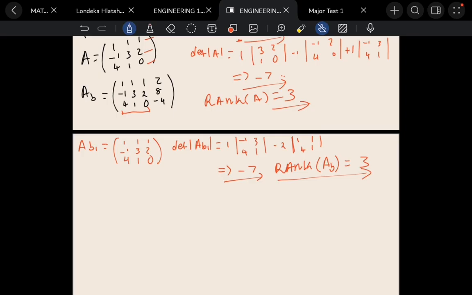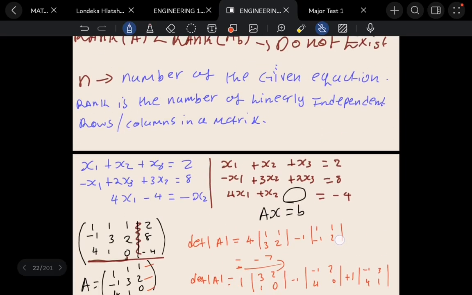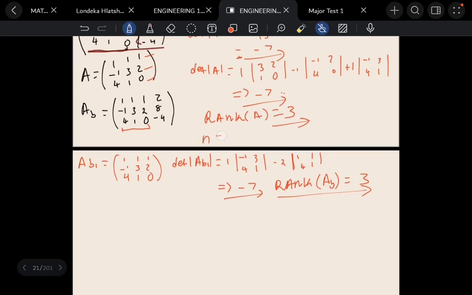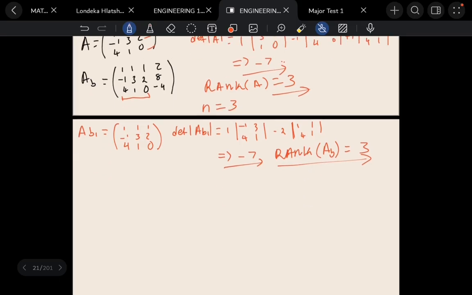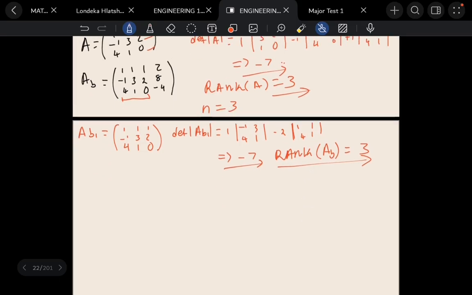So now we can conclude. How many equations do we have? We have 3 equations. So n is equal to 3. Right. Because n is equal to 3, we are going to say the rank of A is equal to the rank of AB is equal to n, which is 3.